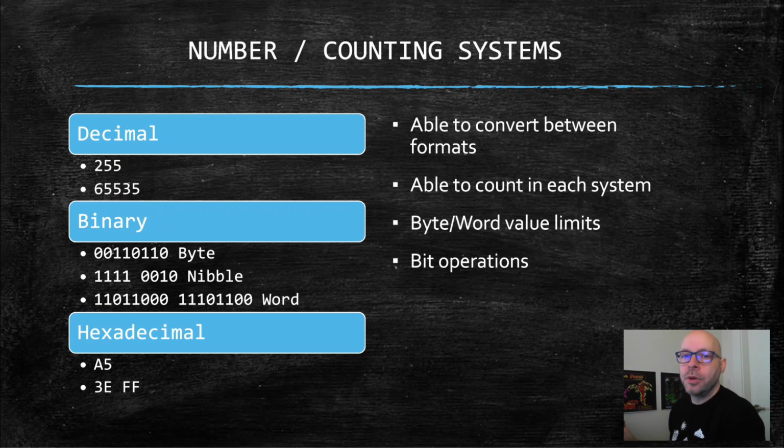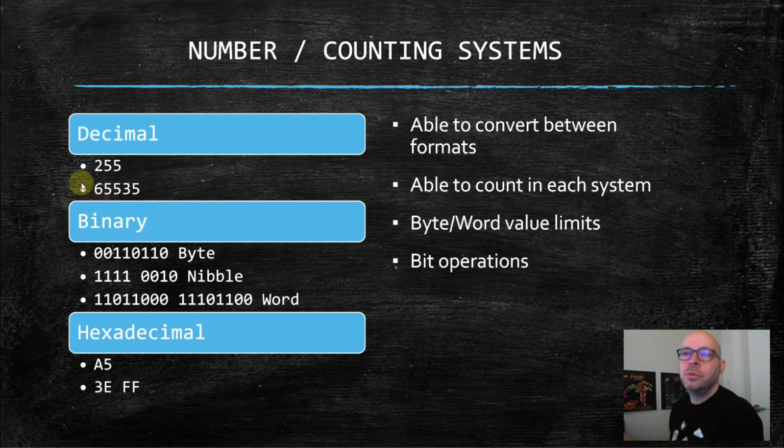And if you're familiar with binary arithmetic and bits and bytes, you're probably familiar with these 2 values because they are the maximum values that can be stored in 1 byte and 2 bytes respectively. Now these would be unsigned values, so these are positive values, whereas if you're using signed arithmetic, then it would be different. For example, 1 byte in signed arithmetic could store values ranging from minus 128 to positive 127.